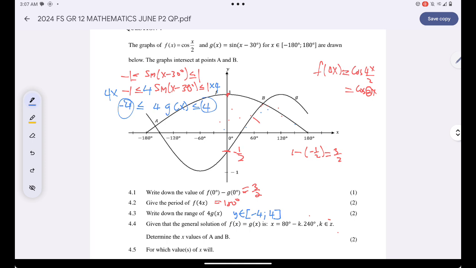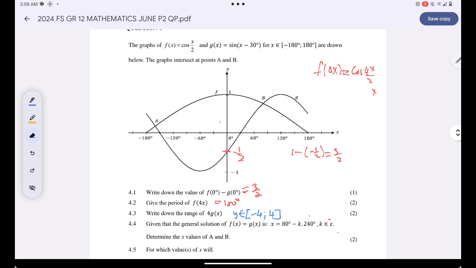Given the general solution of f and g, determine the values of a and b.